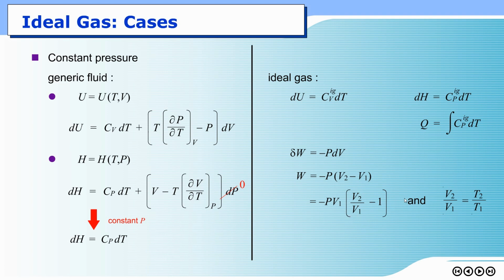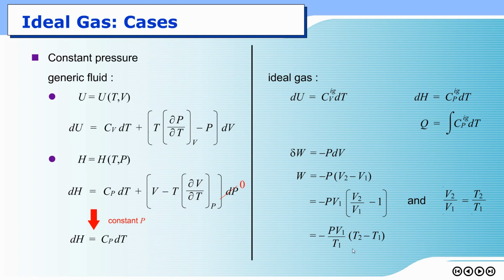From the ideal gas relationship, P1 V1 over T1 equals P2 V2 over T2, and pressure is constant, so therefore you end up with the ratio of volume equal to the ratio of temperature. If you apply this into here, then you can get this equation after you take temperature T1 out of the parentheses.